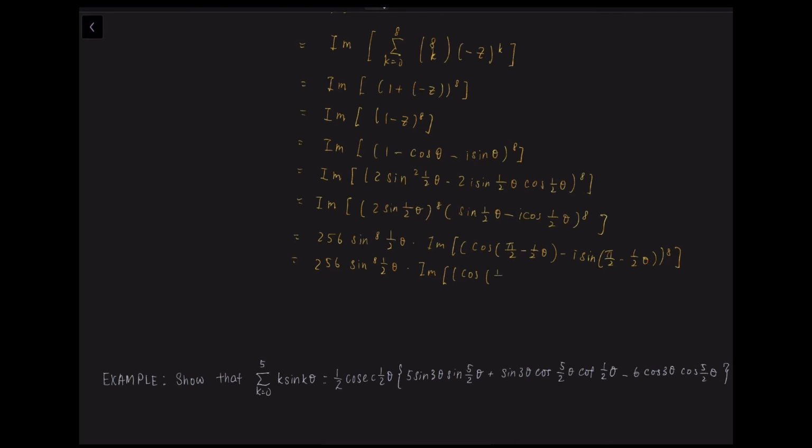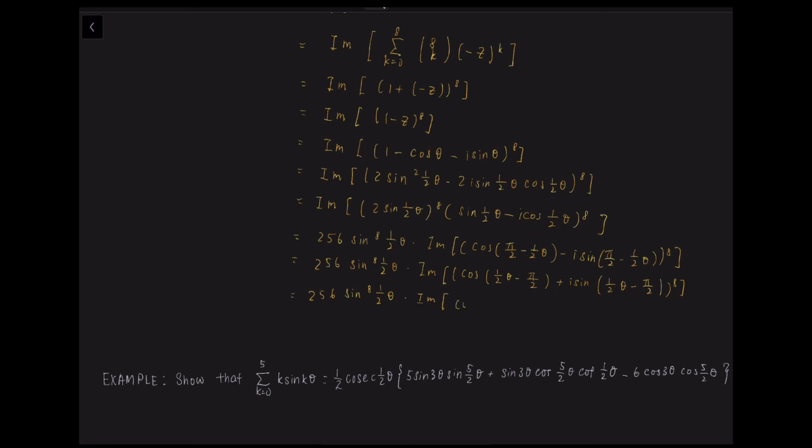And then we are going to use this identity again to eliminate the negative sign. So once we have this form, we can now apply De Moivre's theorem.